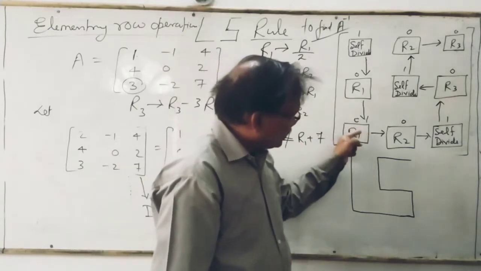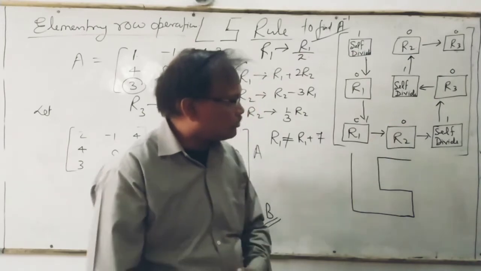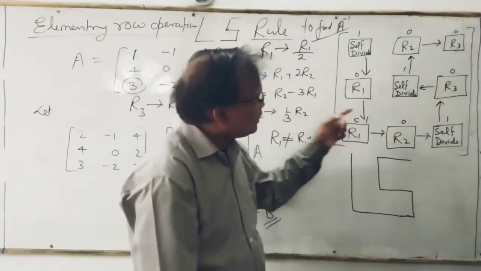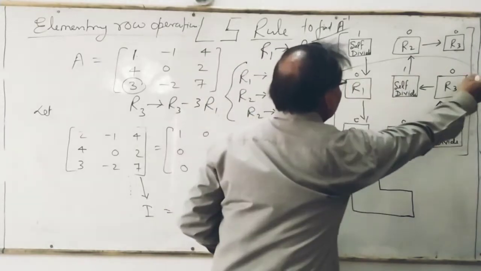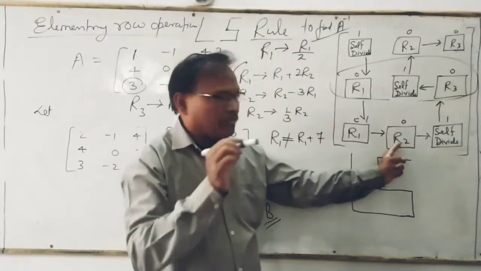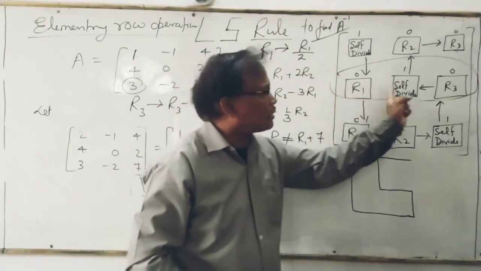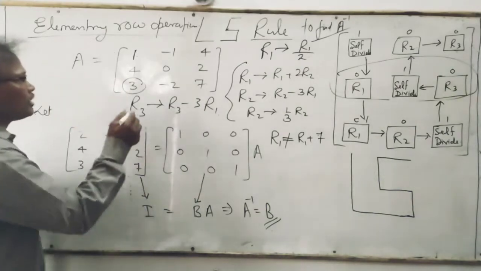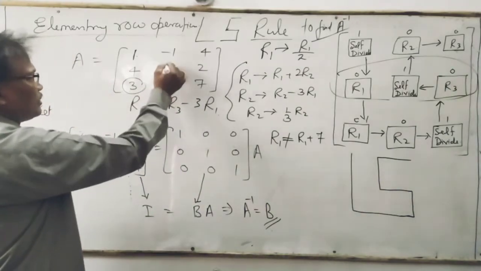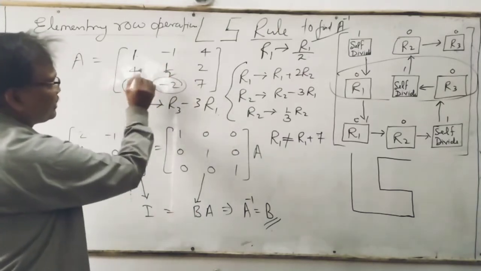Now go in this direction, that is this element. This element also you have to make 0. Now this R2 which is written, take this row to make this element 0. To make this element 0 you take R2. How to take R2? Suppose any element has come here, suppose 1/2 has come, and you have to make it 0 by taking R2.